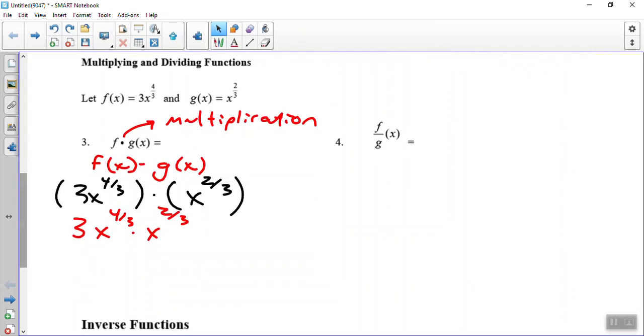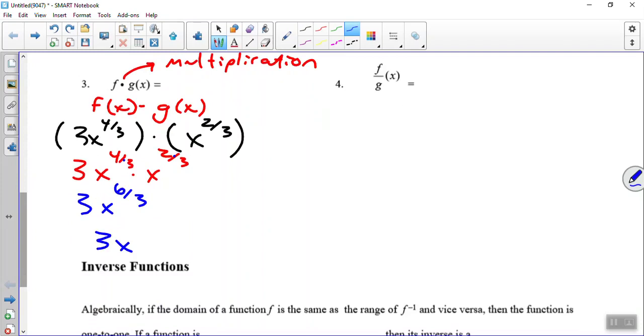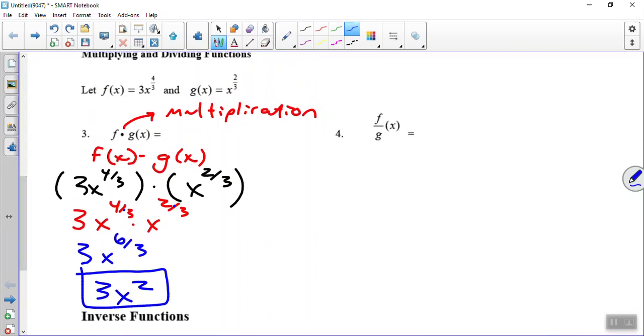So the nice thing is with this one, we already have a common denominator. So this is still 3. These exponents have nothing to do with this 3. 4/3 plus 2/3 is 6/3. You should always reduce that, so you get 3x squared. Okay? Go ahead and try number 4.